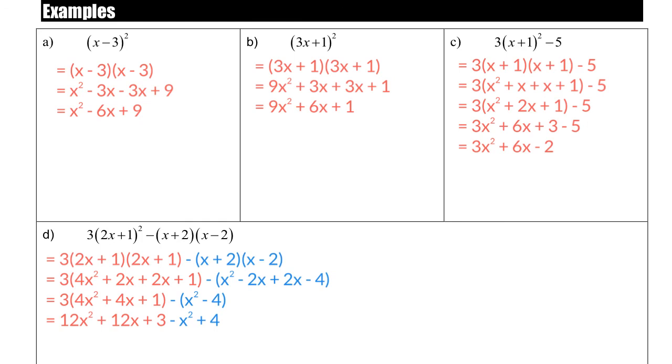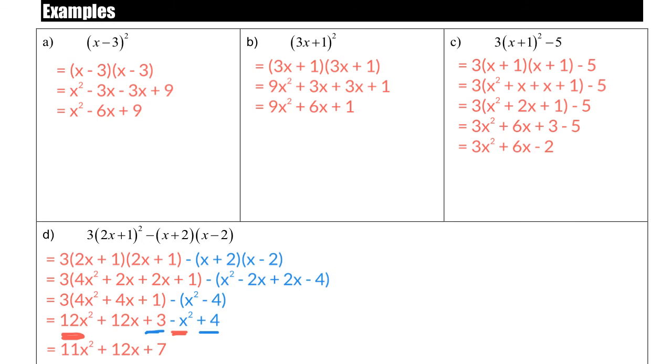So now I look at what are my like terms. Well, 12x squared minus x squared, those are like terms. Plus 3 plus 4, those are like terms. The 12x is by itself. There's no other terms with a single x in them.